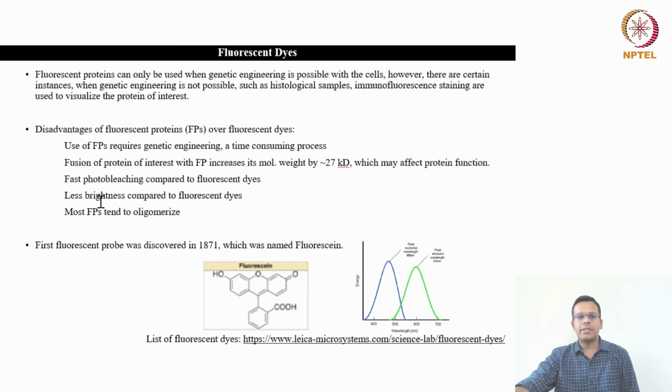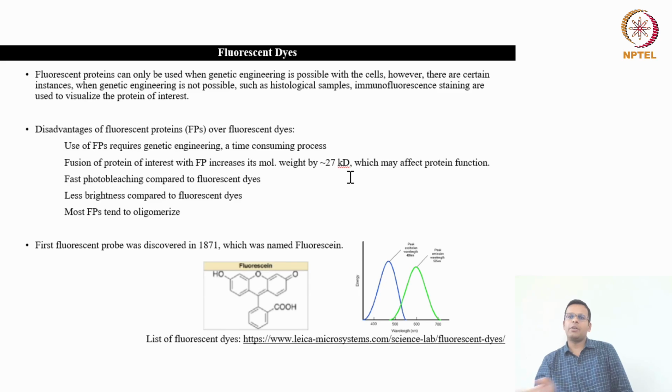And what advantages does it offer? Use of fluorescent protein requires genetic engineering, which is a time-consuming process, whereas using a fluorescent dye for imaging is not that time-consuming. Then, fusion of the protein of interest with the fluorescent protein increases its molecular weight by 27 kilodalton, because the molecular weight of GFP itself is 27 kilodalton.